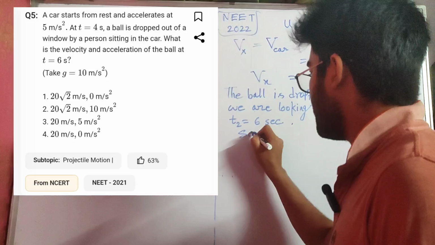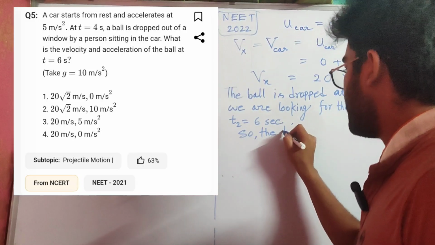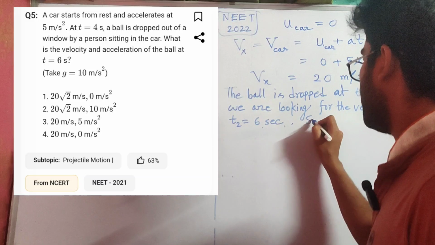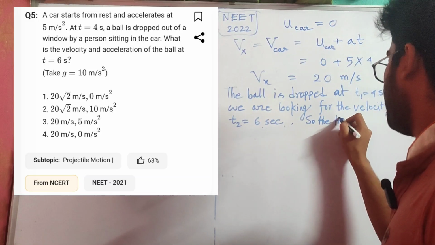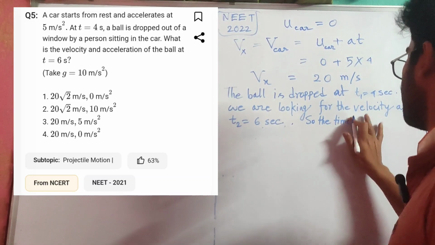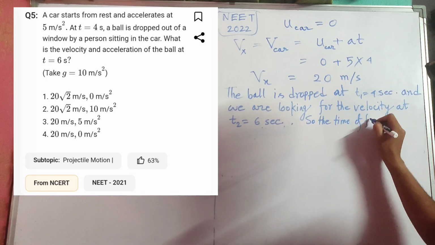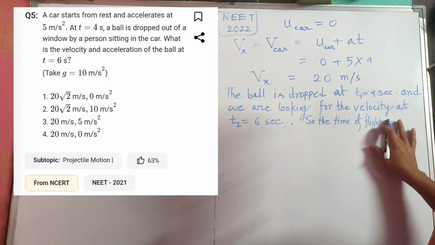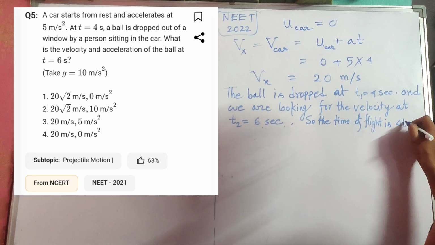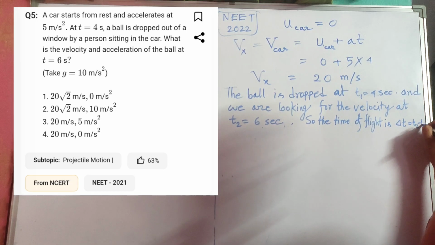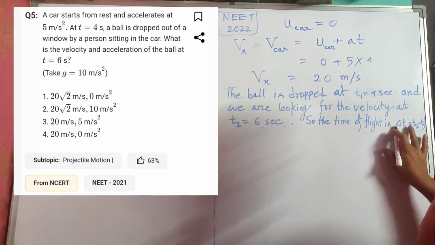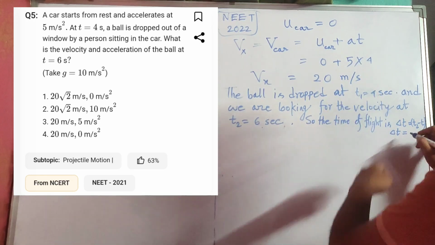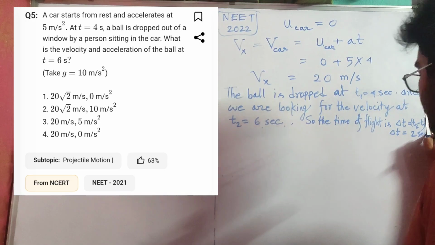So the time of flight is delta t, that means t2 minus t1. That means delta t equals 6 minus 4, which is equal to 2 seconds.